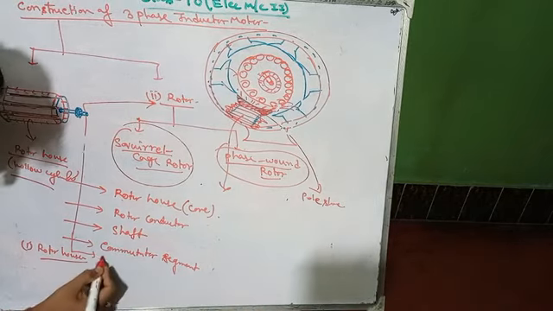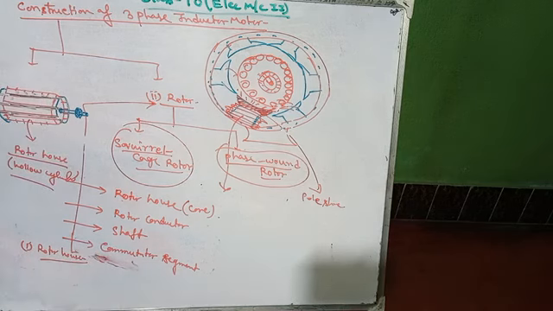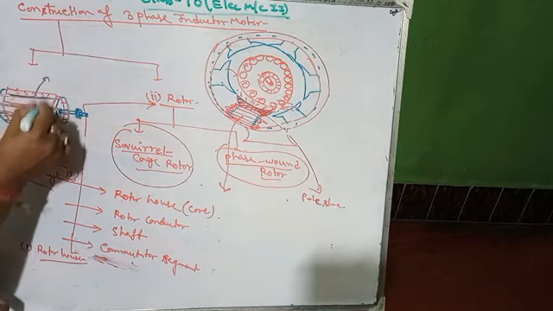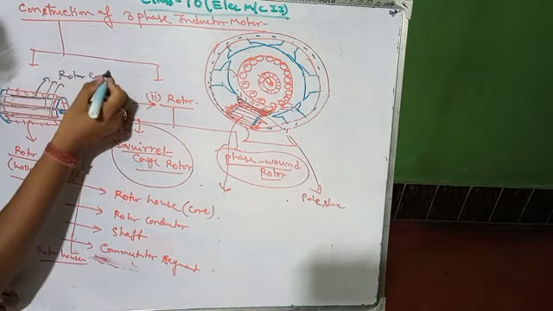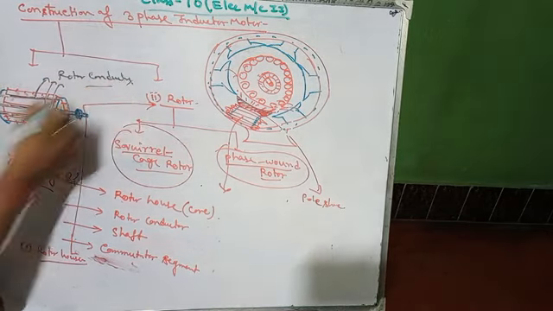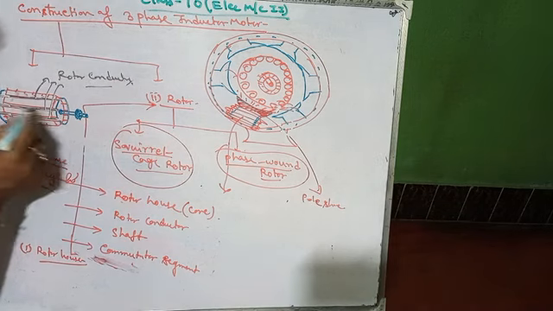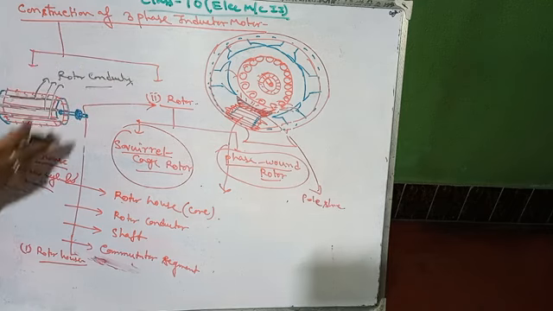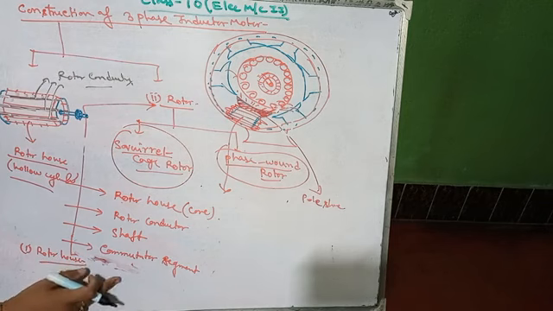So another one is rotor conductor. Rotor conductors are installed over the slot of the armature. This is a slot of armature over which the rotor conductors are installed, and which are permanently short circuited.